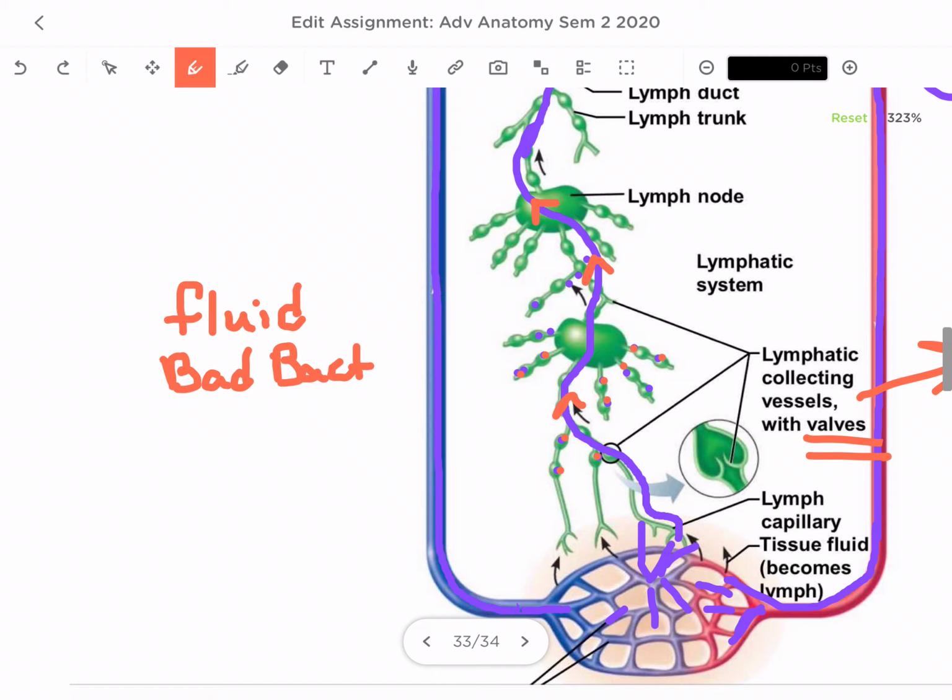And they recognize the bad bacteria, and they do one of two things. They either eat it, which destroys it, or they signal WBCs, and you should know what that is. That's white blood cells. And then the white blood cells come in there and destroy it.